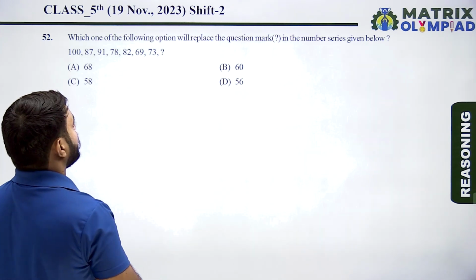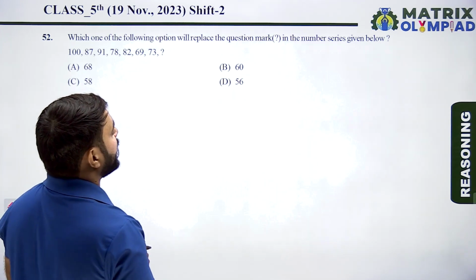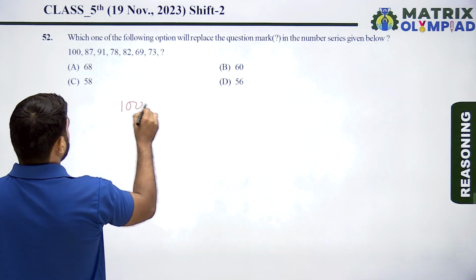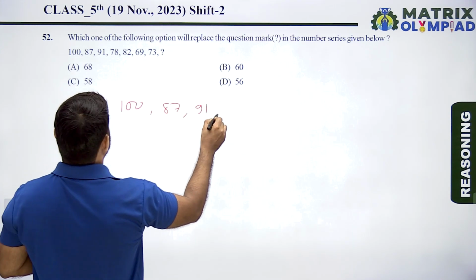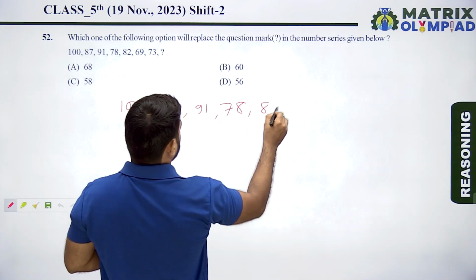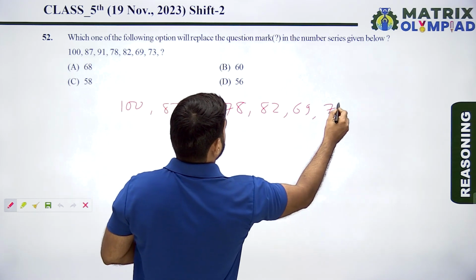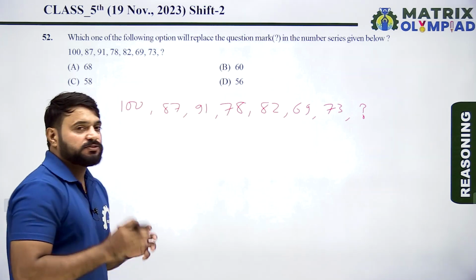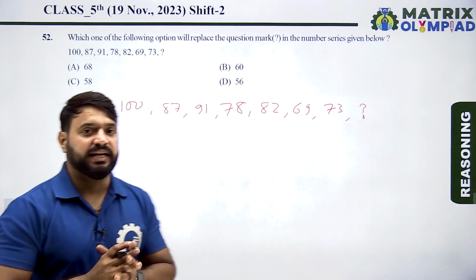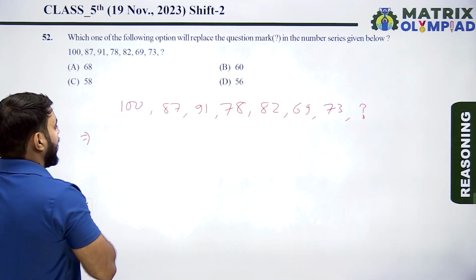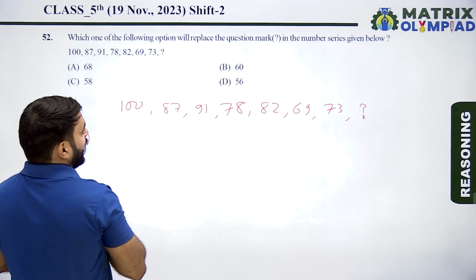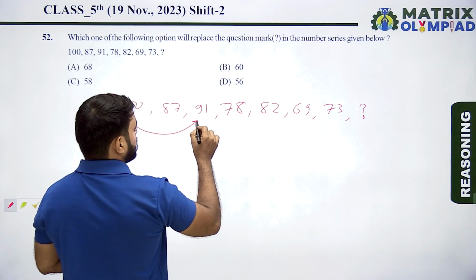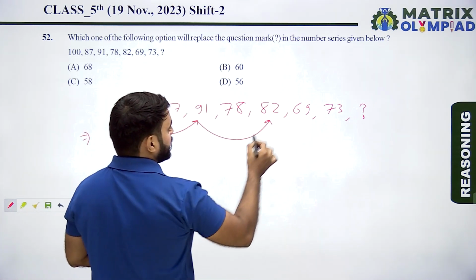Which one of the following options will replace the question mark in the number series given below? So series is 100, 87, 91, 78, 82, 69, 73 and next is missing. First find the pattern of the given number series. Choose the alternate terms.